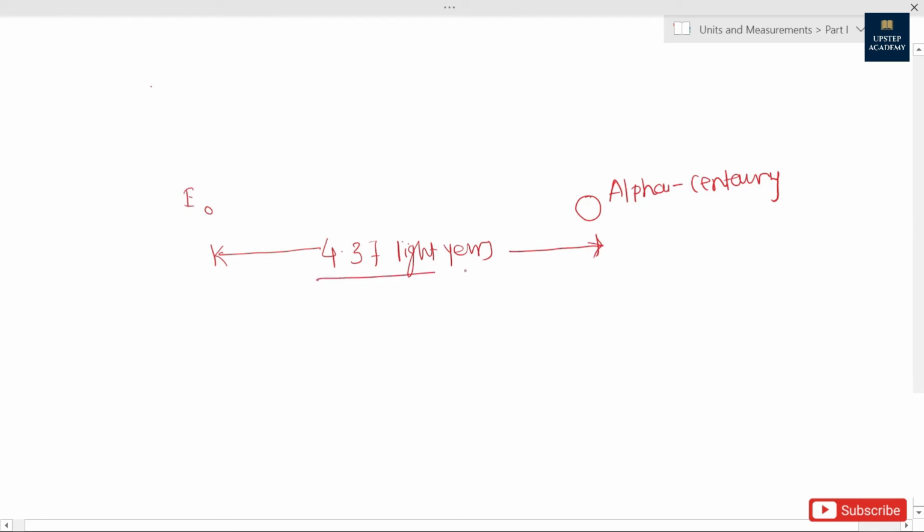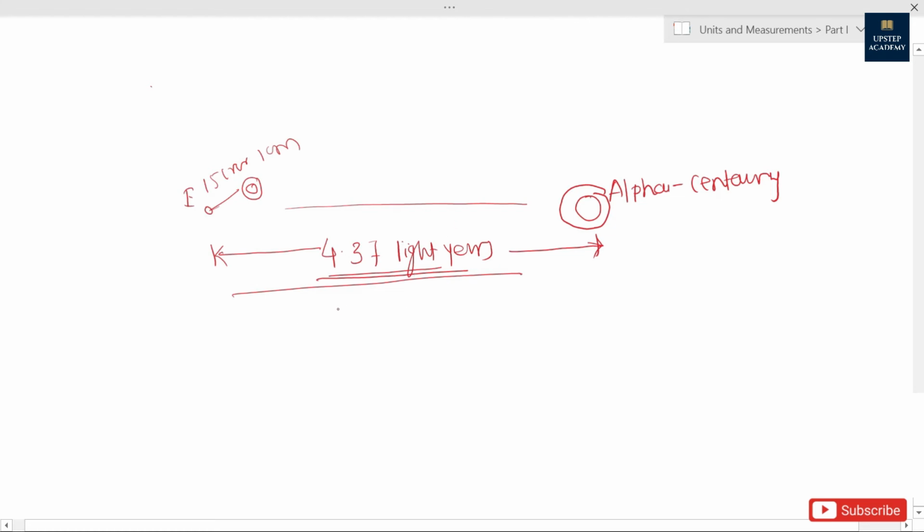What exactly is the meaning of a distance of 4.37 light years? I will tell you. Alpha Centauri is the nearby star to Earth after the Sun. The Sun and Earth distance is only 15 crore kilometers, and this distance is 4.37 light years.